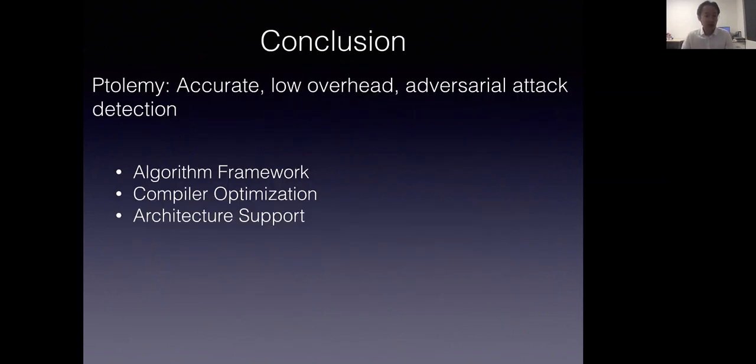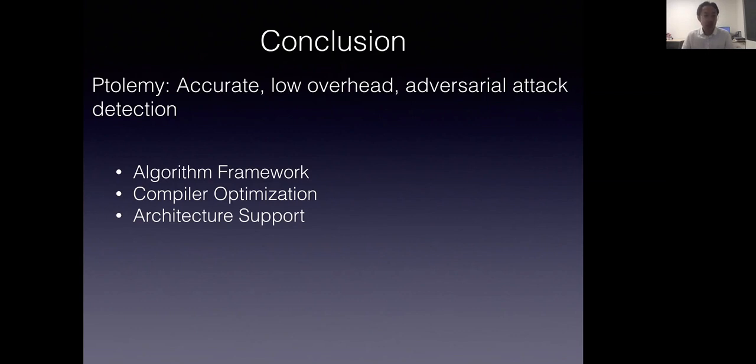In conclusion, we introduced Ptolemy, an algorithm-architecture co-design system that detects adversarial attacks at inference time with low overhead and high accuracy. We exploit the synergies between DNN inference and imperative program execution. Critically, we observe that adversarial examples tend to activate distinctive paths from those of benign inputs.